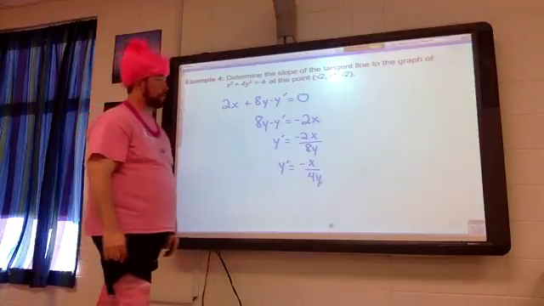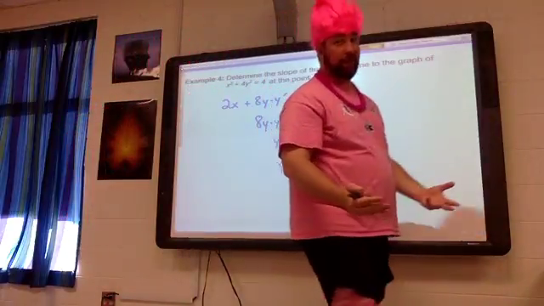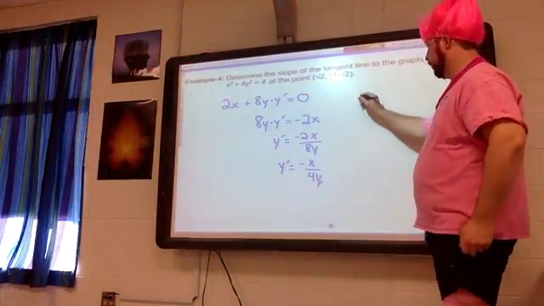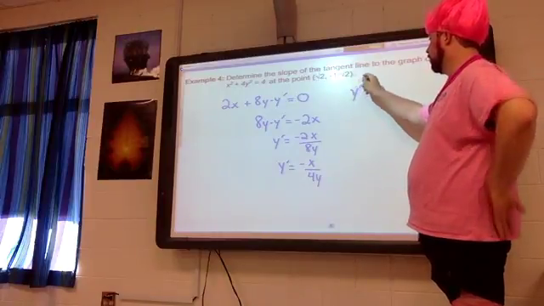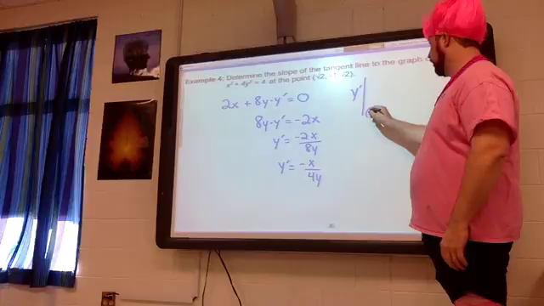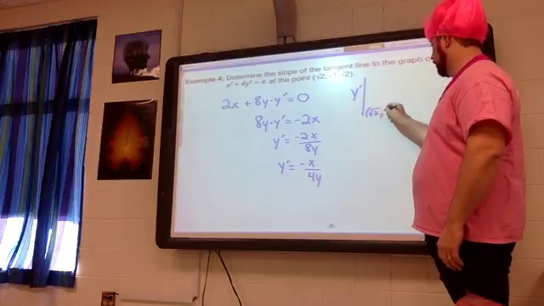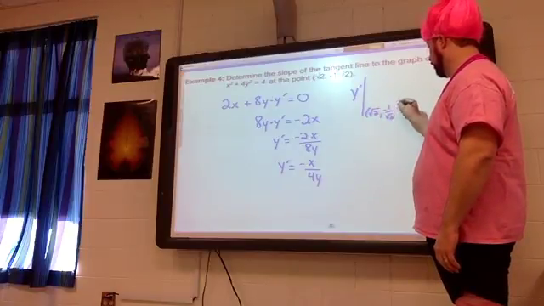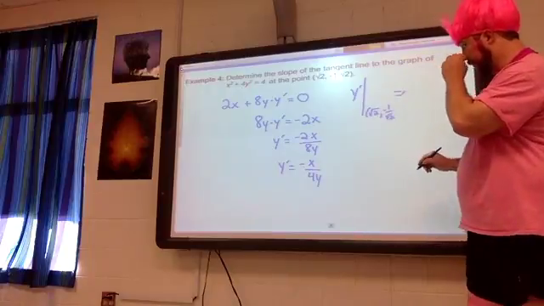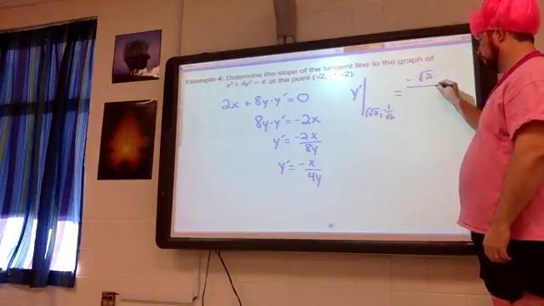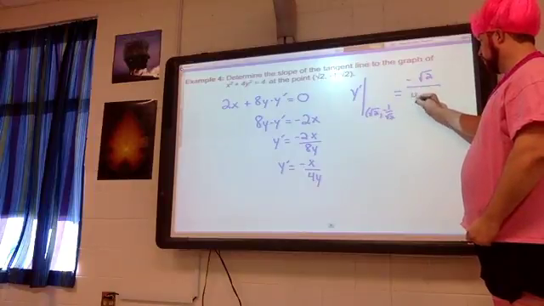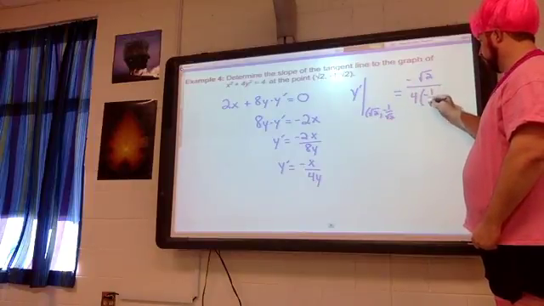So to find the slope of a tangent line, this says find the slope. So we know our y prime at the point square root of 2, negative 1 over the square root of 2, is equal to negative square root of 2 over 4 times negative 1 over the square root of 2.